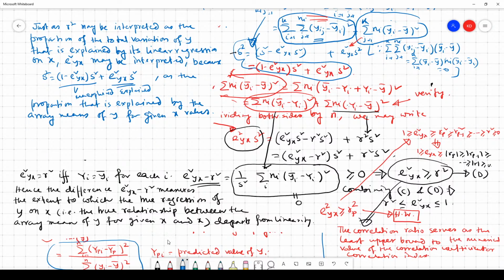Note that the correlation ratio is not symmetric.